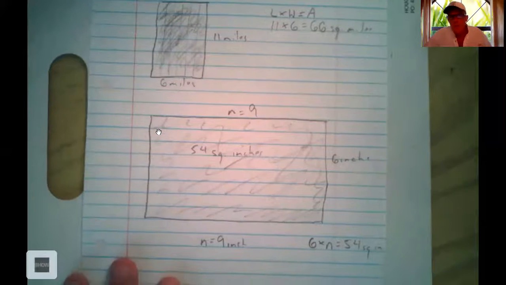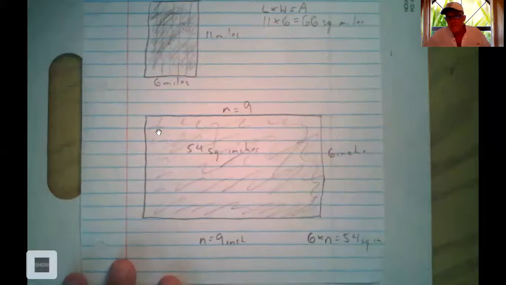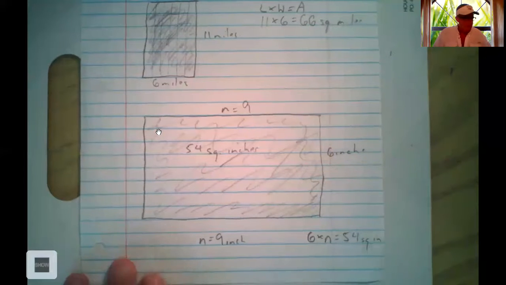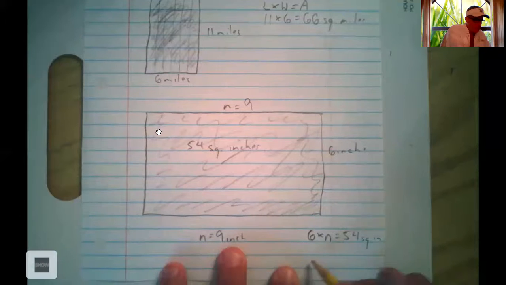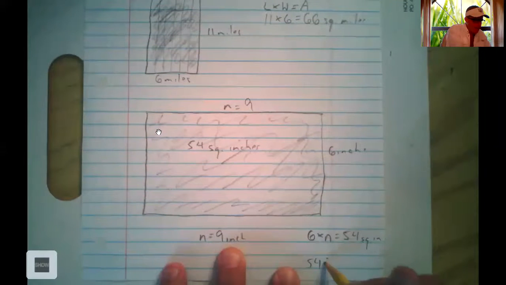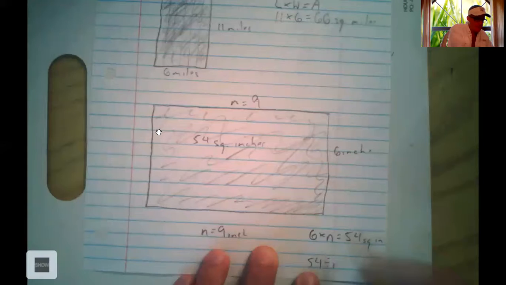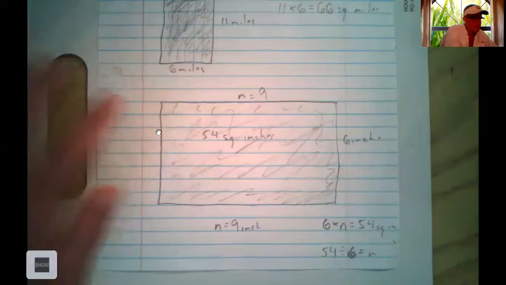If you didn't know that 6 times 9 equals 54, think of your fact families. 54 divided by 6 equals N. You could solve that division problem and you would still get 9.